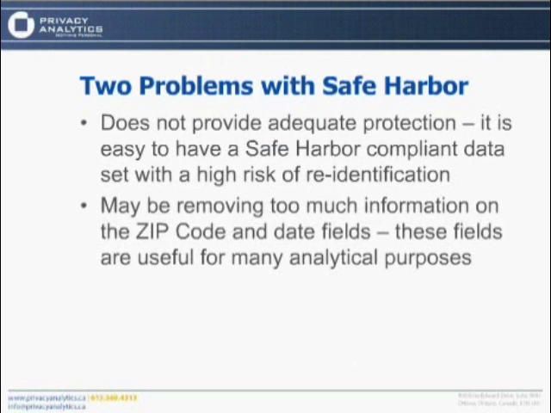Location information is absolutely critical if you're going to do any kind of geospatial analysis, in a lot of public health contexts. Reducing or eliminating precise location can be quite problematic. And for a lot of analysis, temporal information, the dates, are quite important. So by truncating the dates and the zip codes significantly, you lose analytical ability. I'll discuss these two points for a couple of slides.